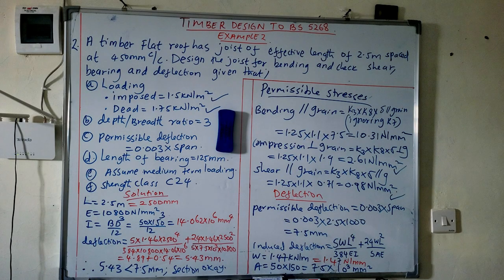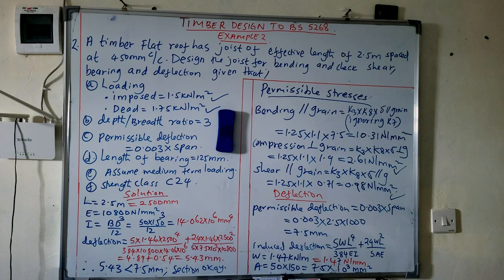So you will compare this induced deflection to the permissible deflection. If induced deflection is less than permissible deflection, the section is okay. But if the induced deflection is more than the permissible deflection, then it means the section is not okay in deflection.